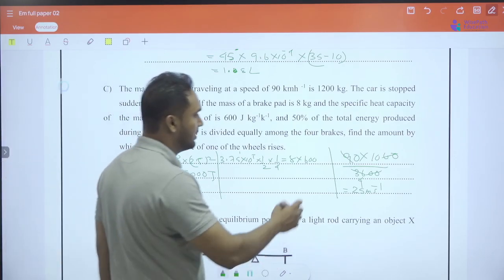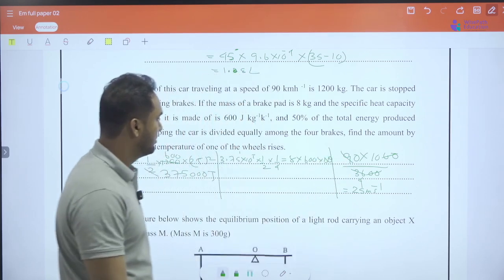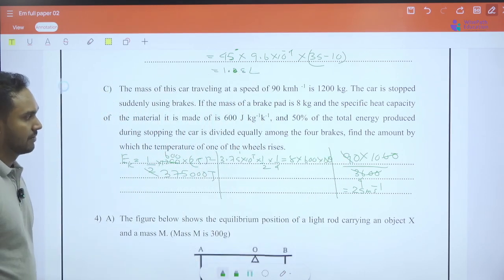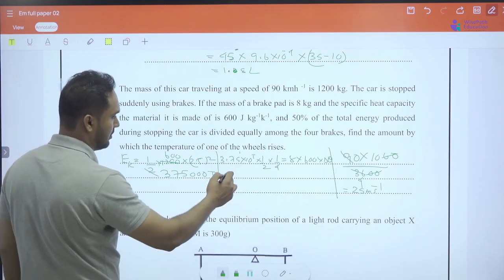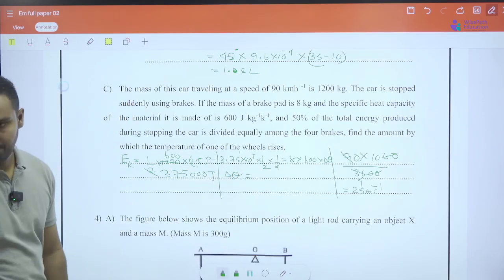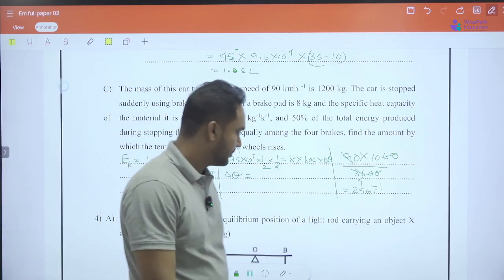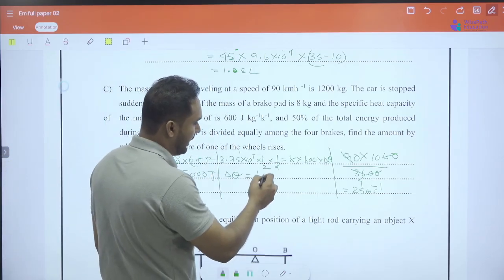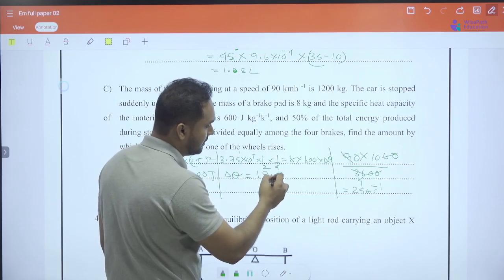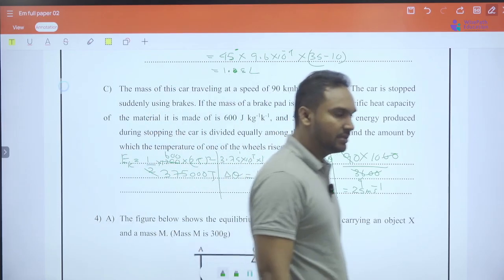So they are asking for the delta theta directly. So simplify this, you get the answer. 19.52 degrees Celsius. That's a good question though.